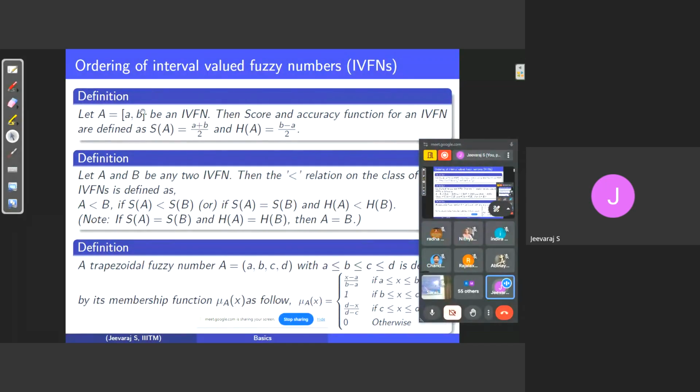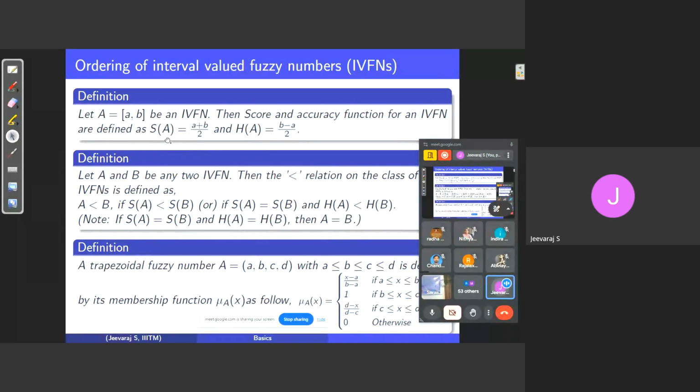For example, let me consider another closed interval. One closed interval is [0.3, 0.4], please remember this. Another closed interval I am giving is [0.2, 0.5]. Capital A is the closed interval [0.3, 0.4] and capital B is the closed interval [0.2, 0.5]. What can you say about S of A and S of B? S of A is (0.3 + 0.4) / 2, which is 0.35.